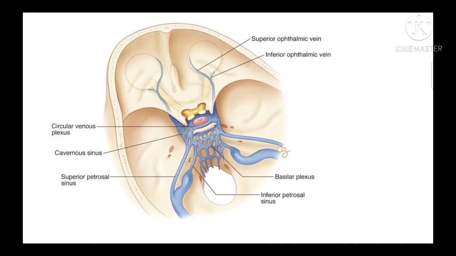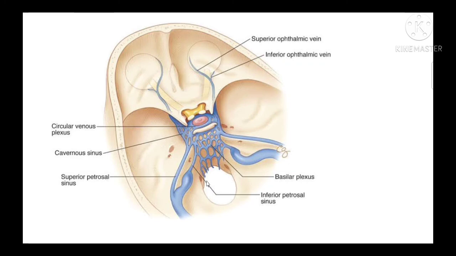So we have here the basilar plexus. This plexus we find closely related with the clivus. It has afferent branches. It receives the blood from the cavernous sinus, and this blood also goes to the sigmoid sinus.